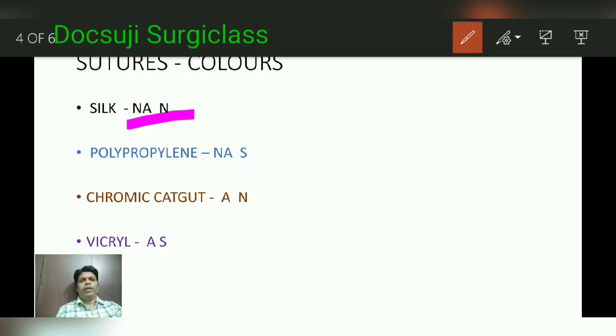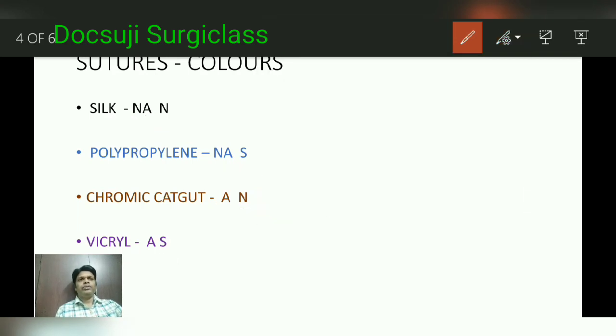Polypropylene, non-absorbable synthetic, is blue in color. Chromic catgut, absorbable and natural, is brown in color. Vicryl, absorbable and synthetic, is violet in color.